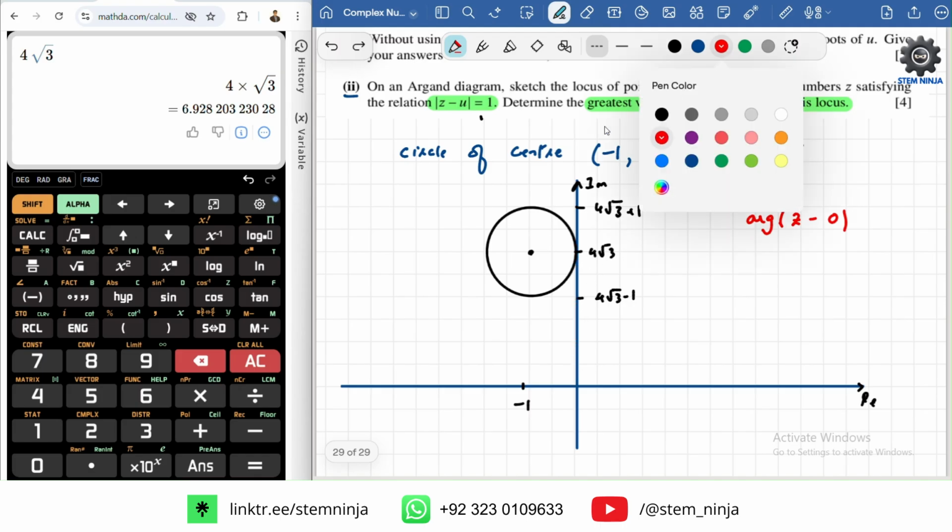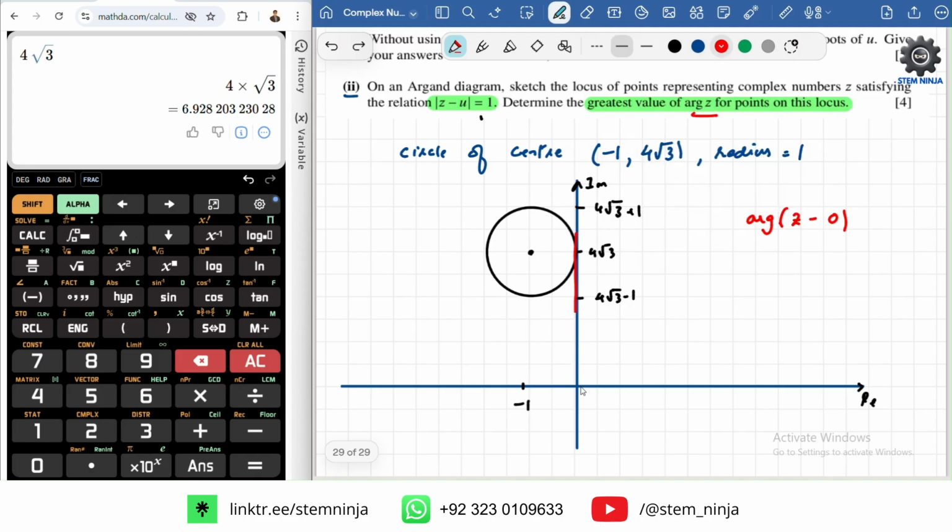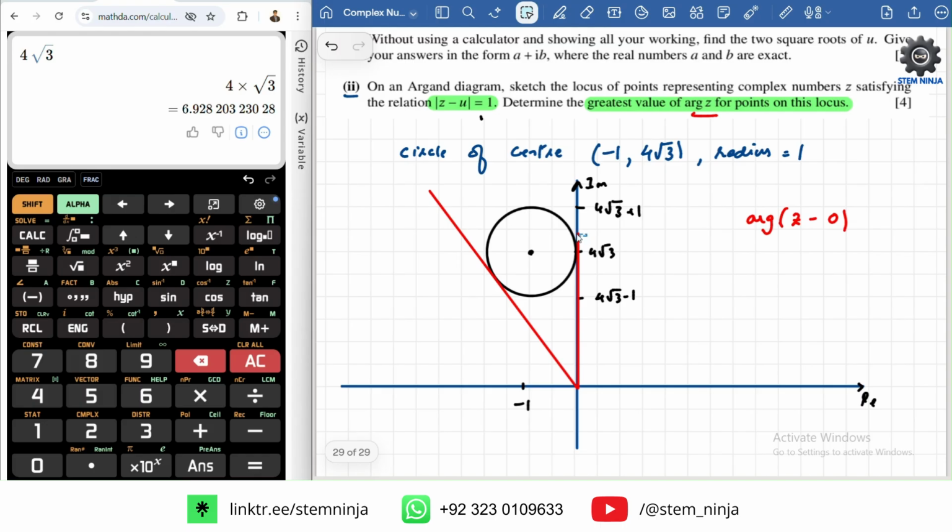One point is the tangent over here, and the other would be like this. So obviously the origin one does not count, so we can see that this is not going to be the greatest argument, because the greatest argument would be this one. So we need to figure out what would be the argument of this.